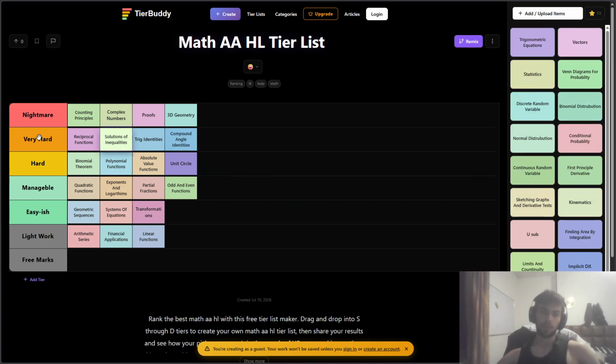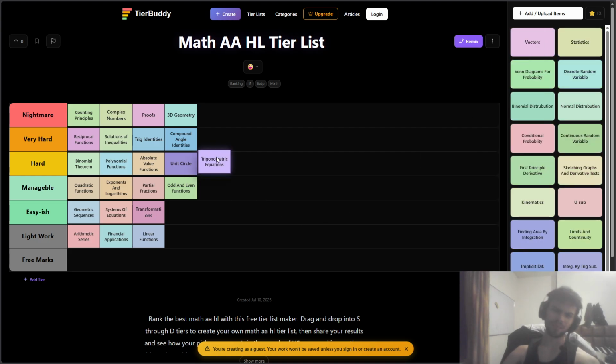So we'll just put these both here as trig identities. Very, very hard, very difficult to grapple with the different identities, and you have to understand so much and build an intuition after solving thousands of papers.